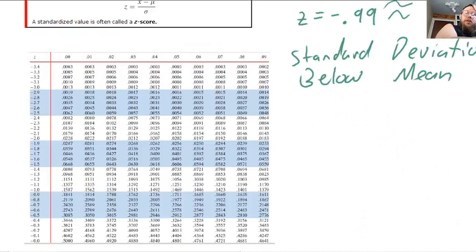So here is Table A. This is found in the back of your textbook, or you can find it on Stats Portal. There are 2 pages to Table A, values that are below the mean and values that are above the mean. So we have negative z-scores for below the mean, positive z-scores above the mean. The table, as you notice, only goes up to about -3.4.